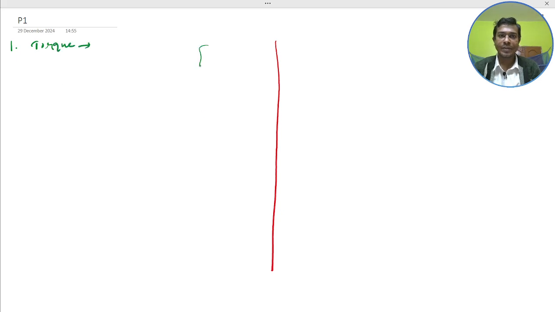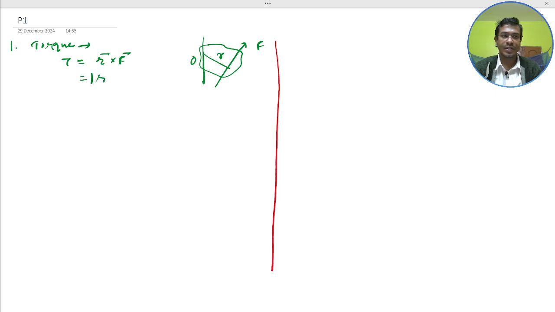Suppose this is a rigid body and force acts in the direction F, and this is O, so this distance is R. So tau is equal to R cross F, basically R F sin theta.